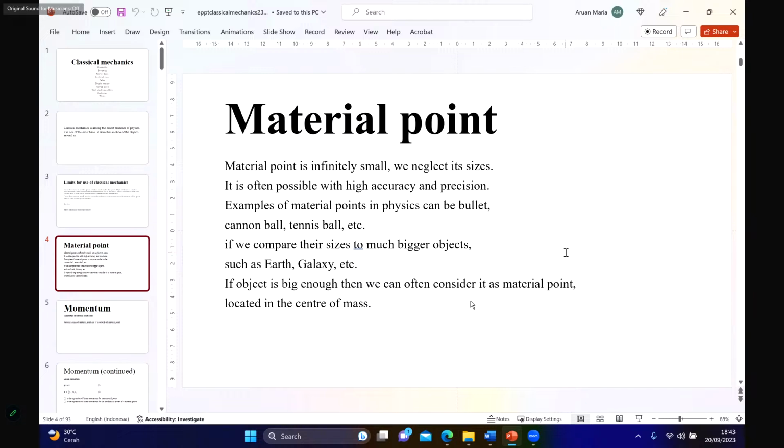Even if the object is large enough, like a planet or star, sometimes we can reduce this enormously large object to its center of mass as a material point. And we will consider only infinitely small material point. Please ask me questions or please give me comments.